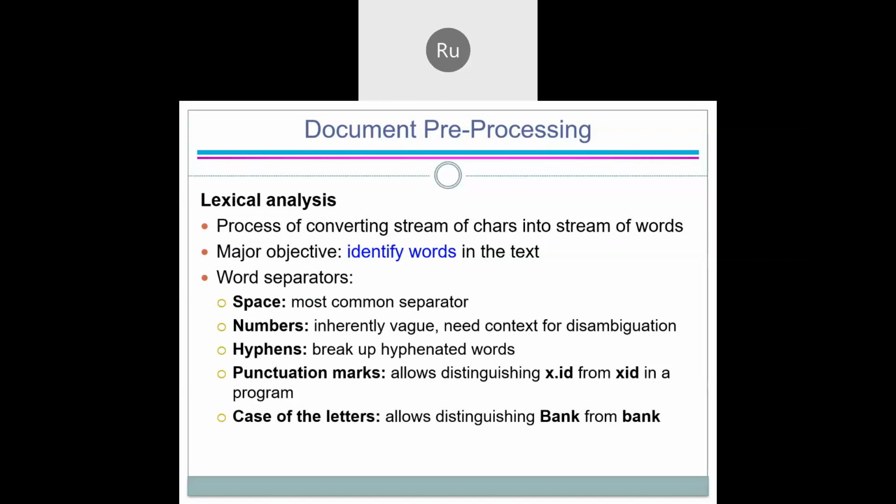We use the blank space to separate the words, and non-space to say that the symbol belongs to that particular word. This is what we call tokenization. We use the space, number, hyphen, punctuation marks, and case of letter to tell which words we can extract from the document.